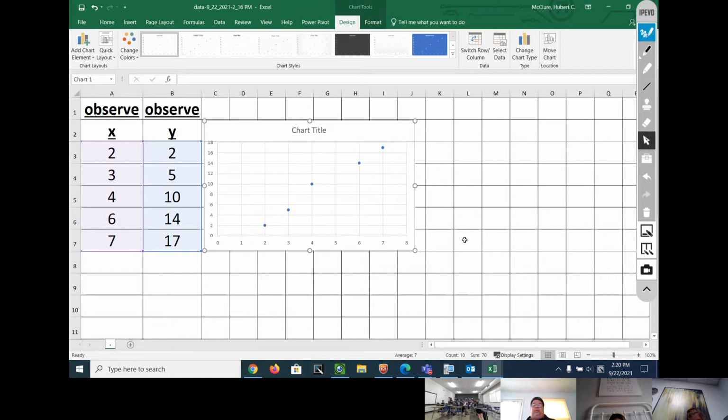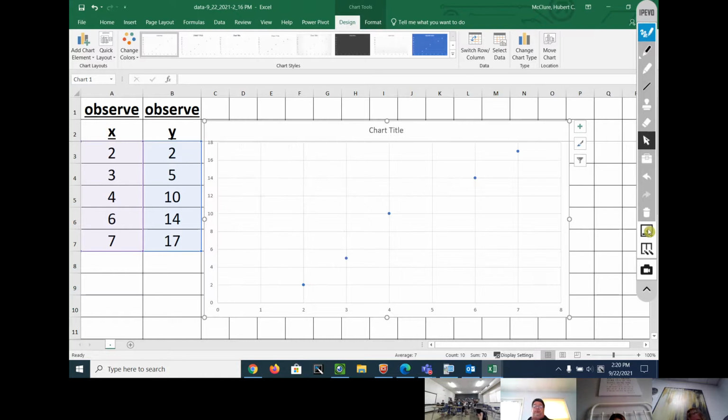I want everybody to put in your notes that you just plotted the observed points. Write that down. In other words, each one of these points is a single piece of data, and you just plotted the observed points: 2, 2, 3, 5, 4, 10, 6, 14, and 7, 17.